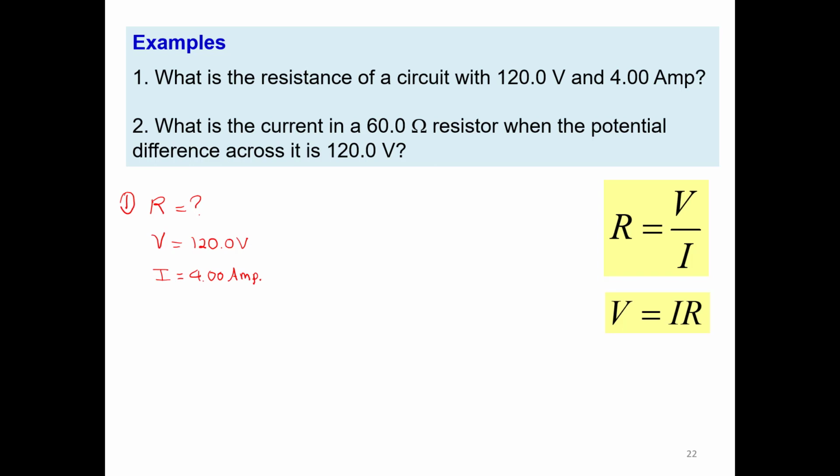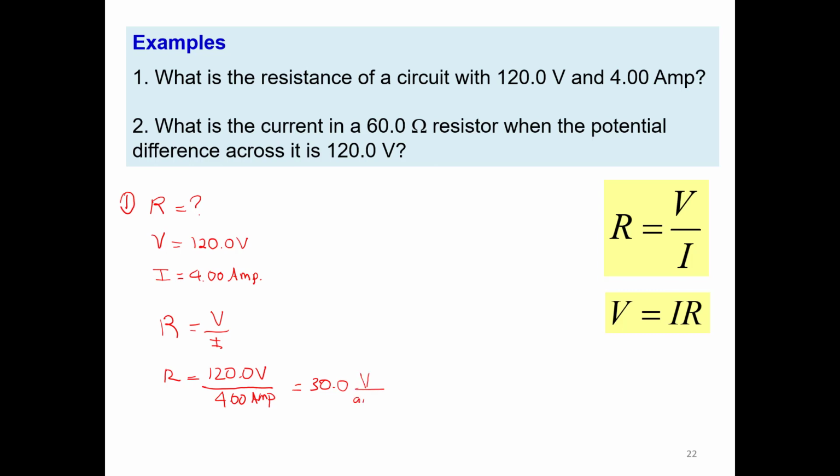In this case, we just need to divide. Resistance equals volts divided by the current. Resistance equals 120 volts divided by 4.00 amp, and the resistance equals 30. We have 3 significant digits, and we want to keep the 3 significant digits.